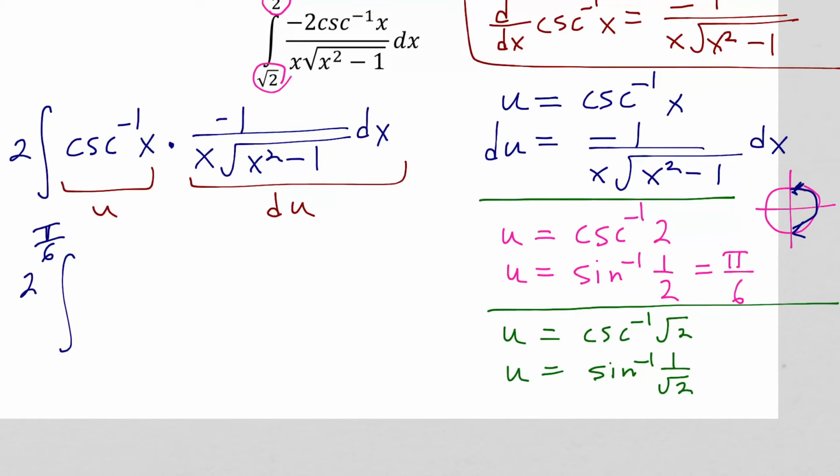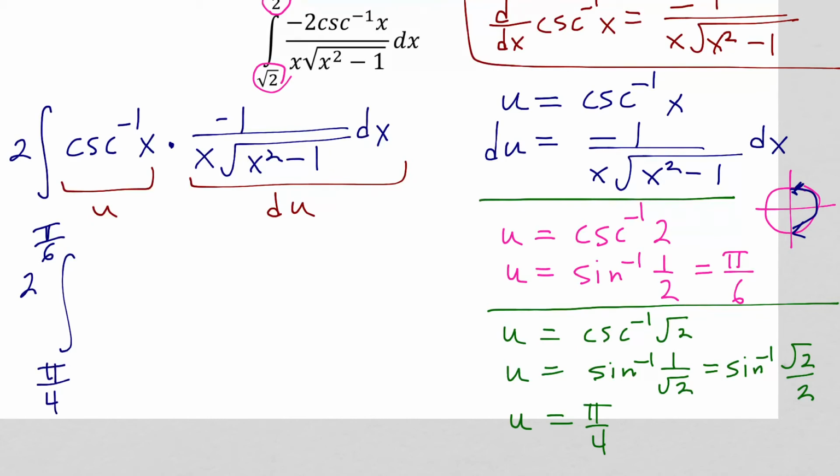So that's the same thing as saying the inverse sine of radical 2 over 2, if we rationalize. All right, so that means I'm talking about an angle of pi over 4, whose sine is radical 2 over 2 positive within this domain of the inverse sine function. So that means my lower limit of integration is pi over 4. So I'm going to put that here in the lower limit of integration.